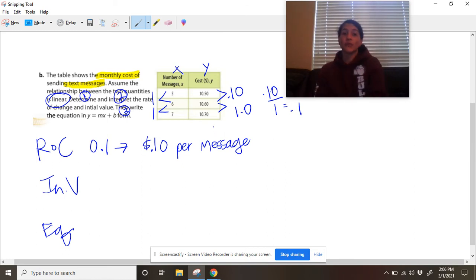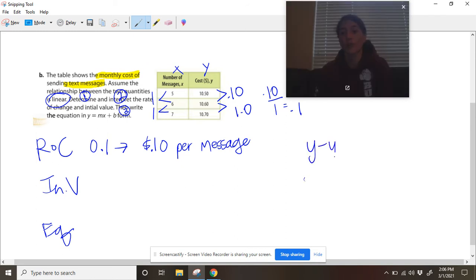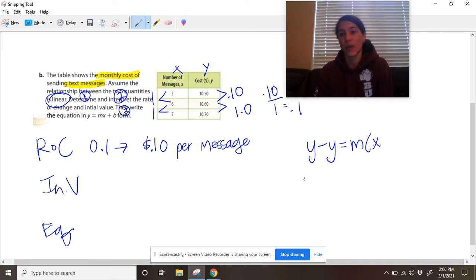Now let's do the initial value. Again, if you wanted to, you could count all the way up. So I'm at 5, you could go 4, 3, 2, 1, but I want to show you another method. I want to show you point slope, which is y minus y1 equals m times x minus x1. I know these numbers are not really pretty. If you had easier numbers, it might be easier. So I'm going to just use the first point right here. So y minus 10.50 equals m, which is 0.1, times x minus 5.